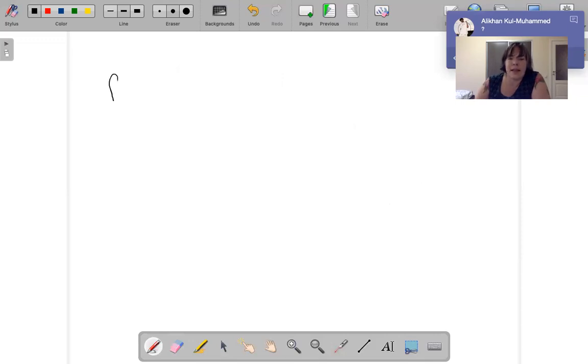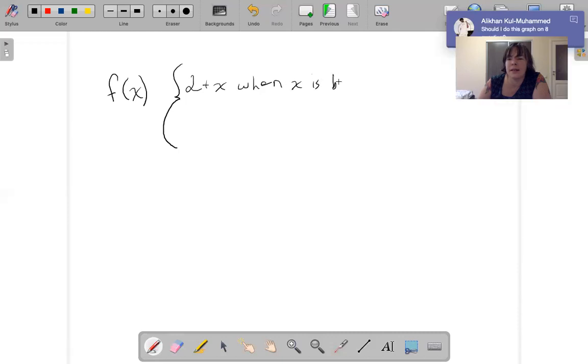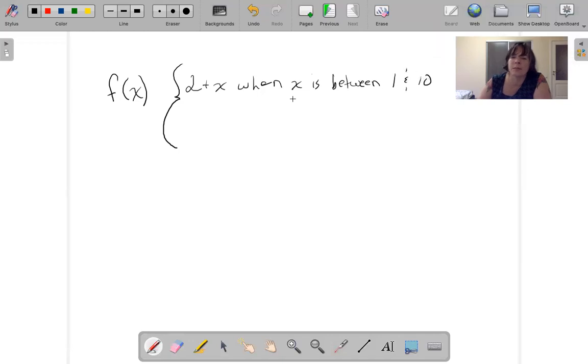Let's say f of x is 2 plus x when x is between 1 and 10.